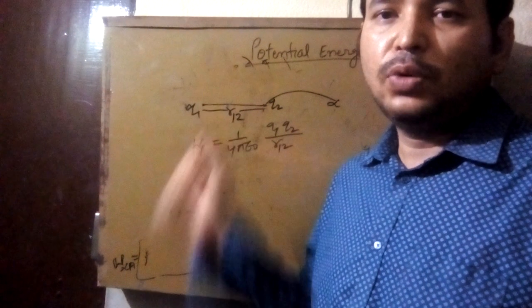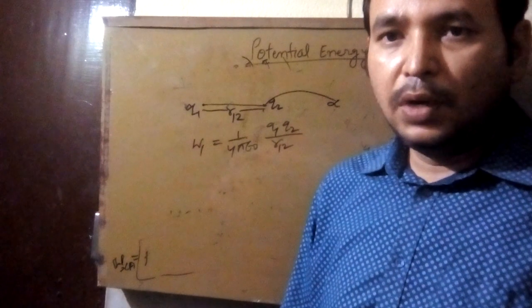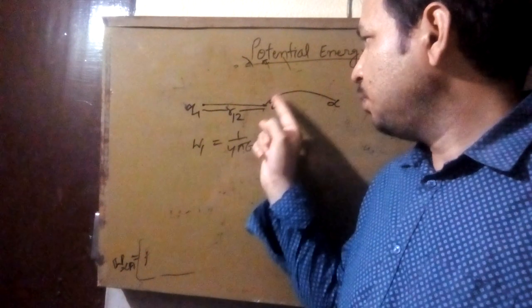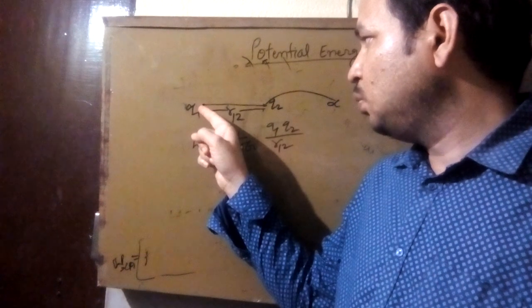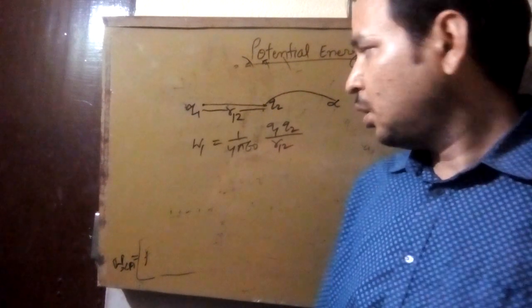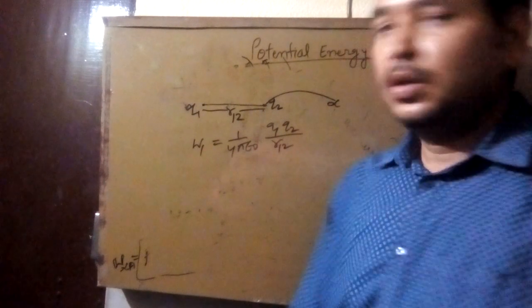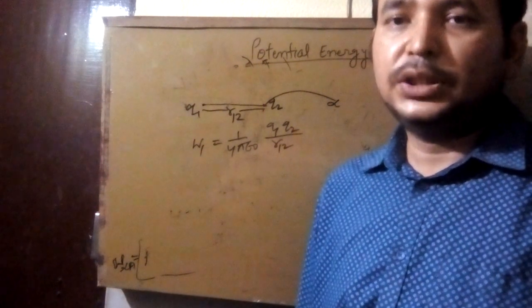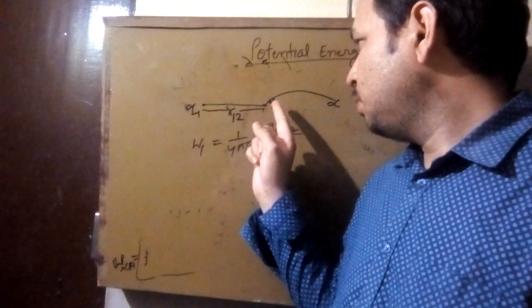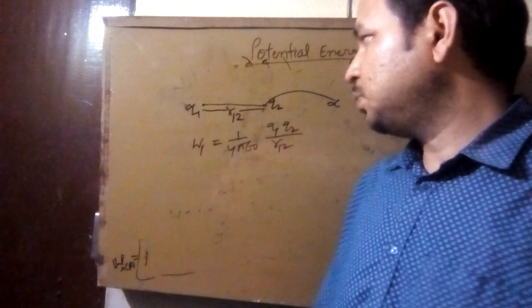Why? Because there is no electric field. If there is no electric field, we have to do no work. But when Q2 is brought from infinity to this point, work has to be done against the electric field of Q1. How much work? This work we, or the external agency, have to do to bring the charge Q2 from infinity to this point.